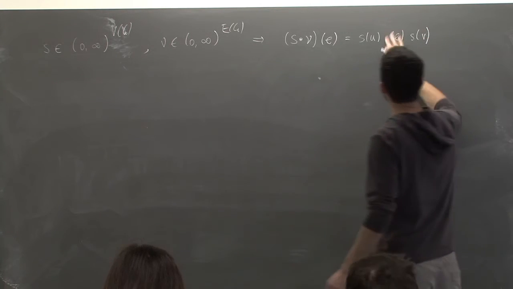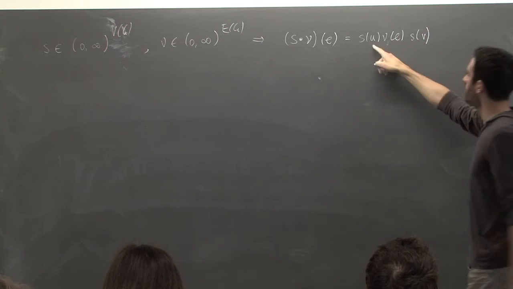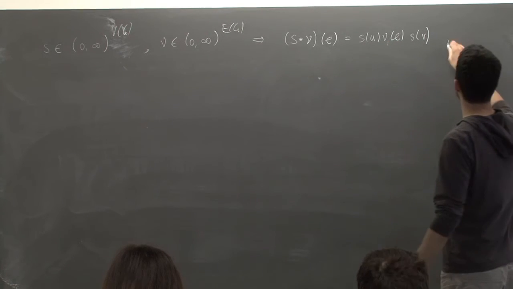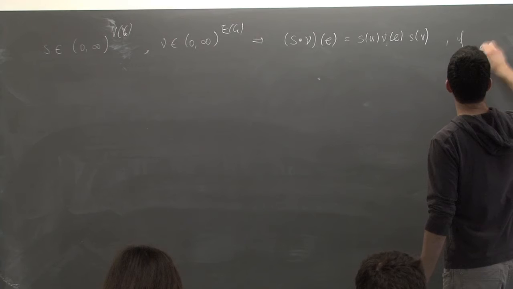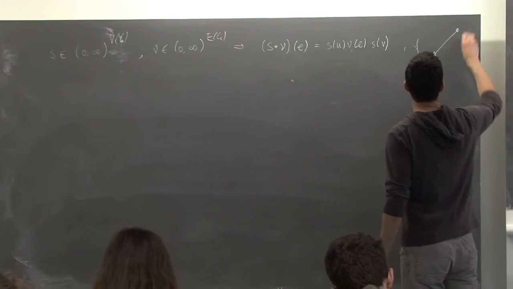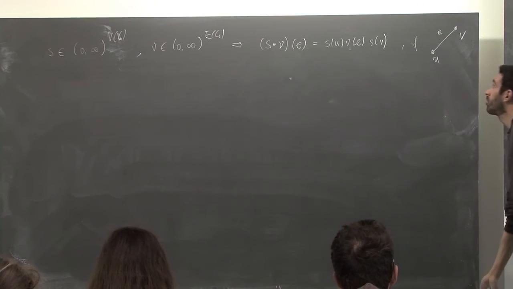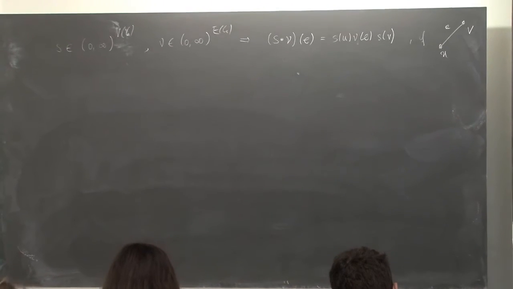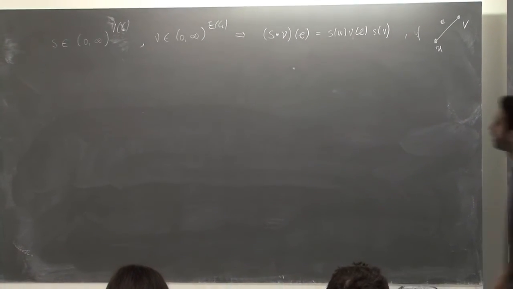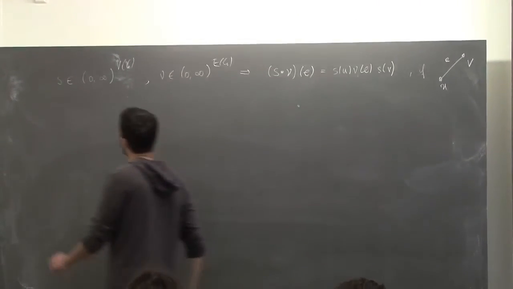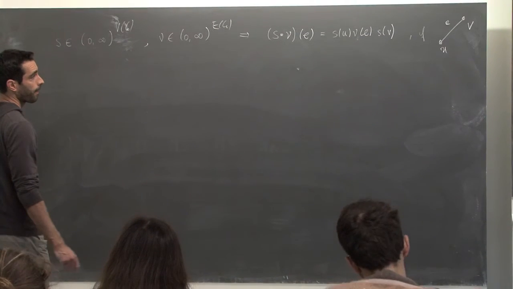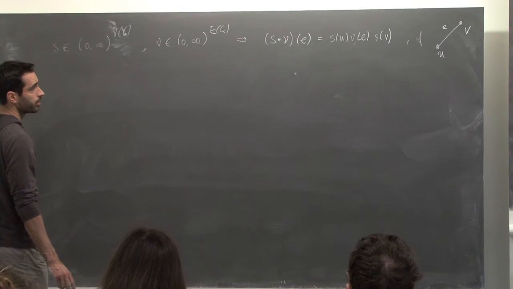You have this value nu of E, and you multiply it by the value of S on both endpoints, if E has endpoints U and V. Okay, you can do this.